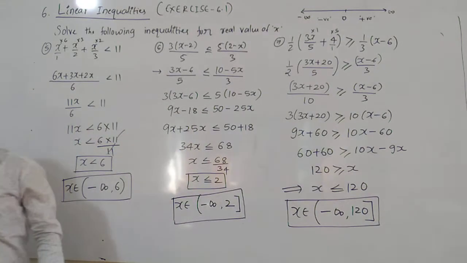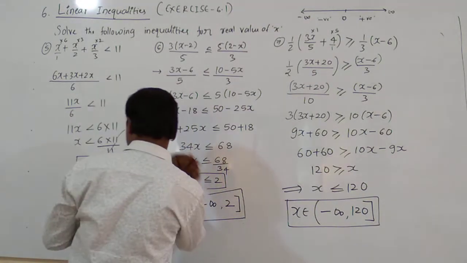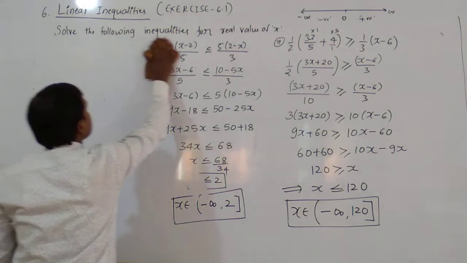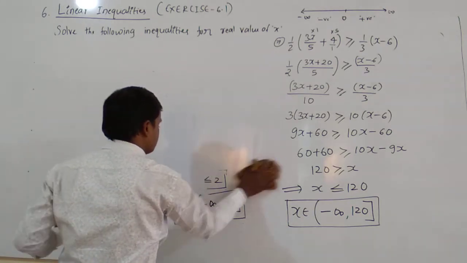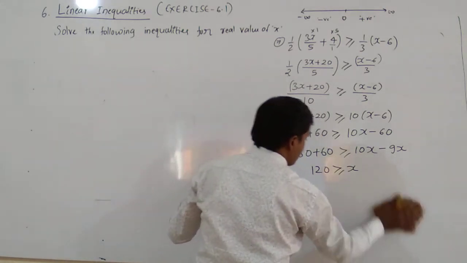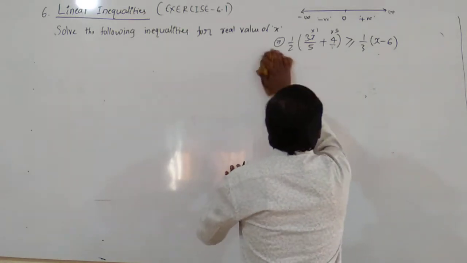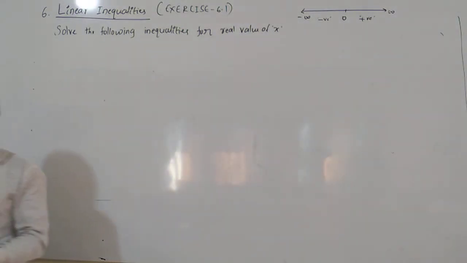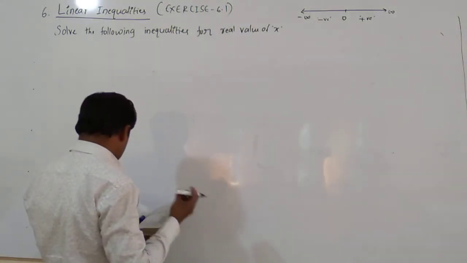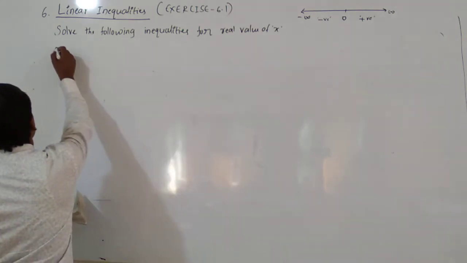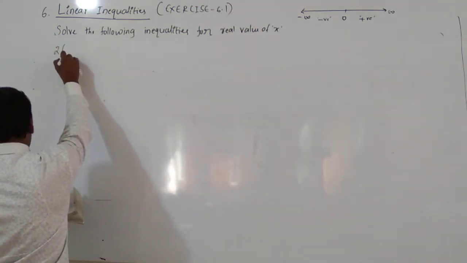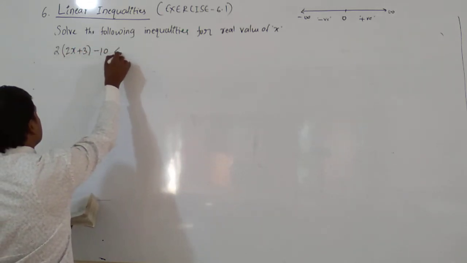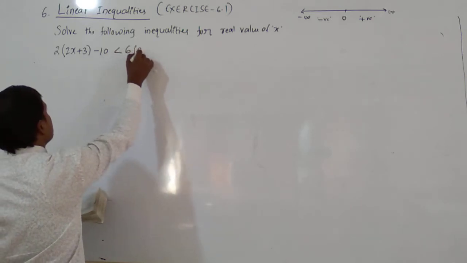Okay, we'll solve some more. Next one: 2 into 2x plus 3 minus 10 which is less than 6 into x minus 2.